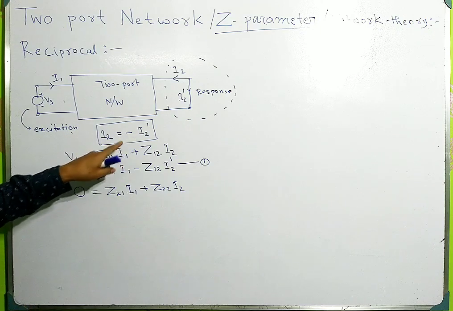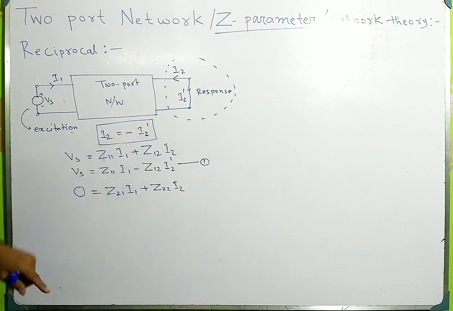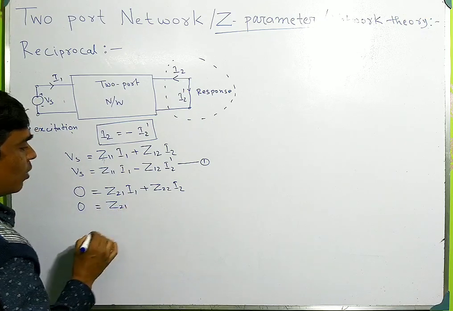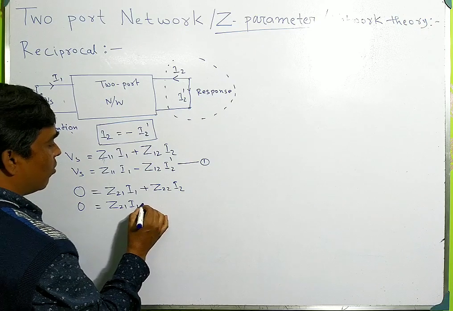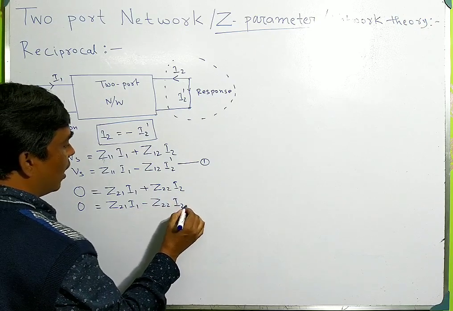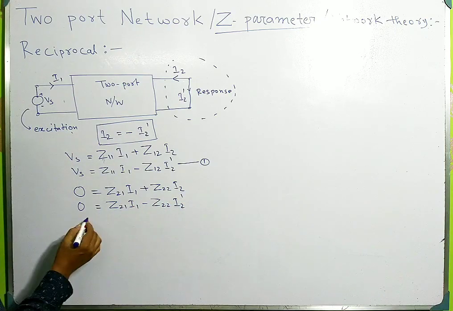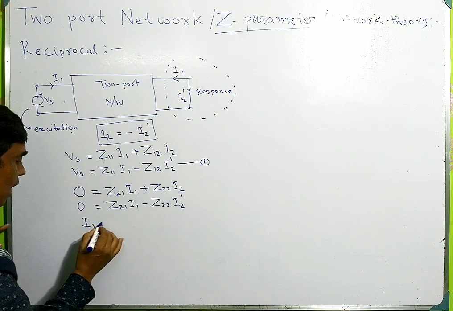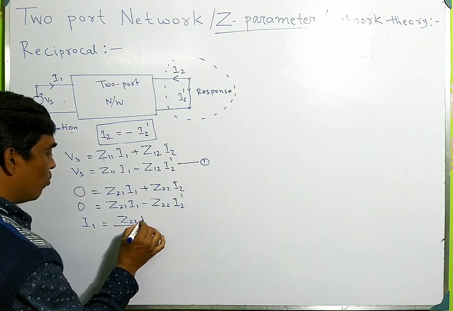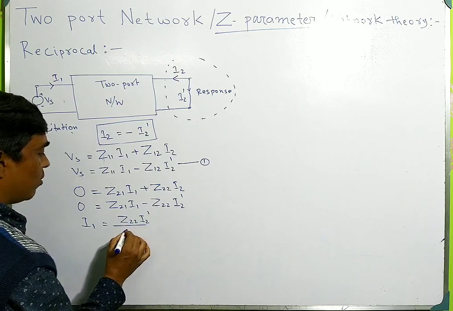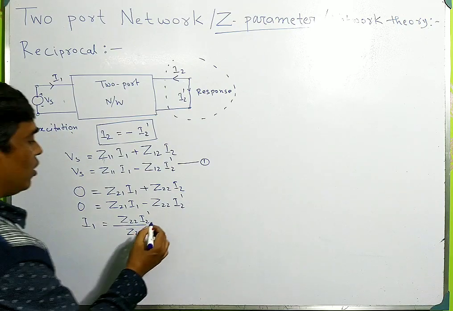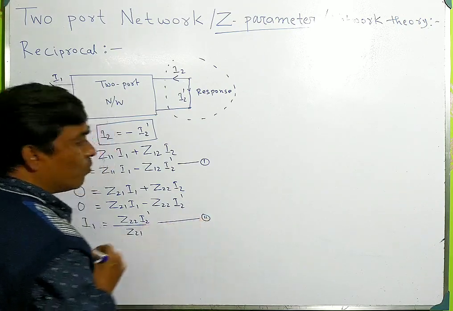Now I2 is equal to minus I2 dash, so it will be 0 equals Z21 I1 minus Z22 I2 dash. So from this equation we can write that I1 equals Z22 I2 dash divided by Z21. This is equation 2.